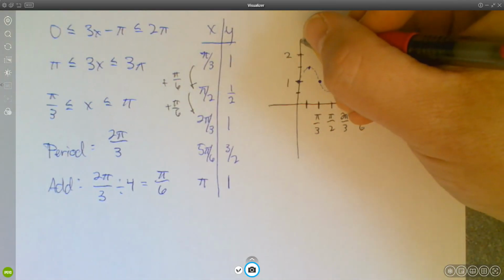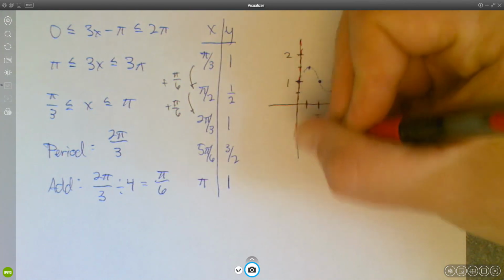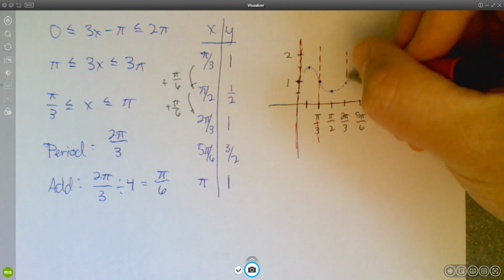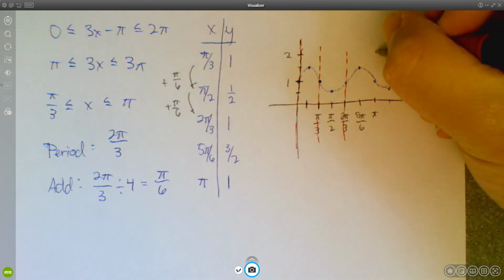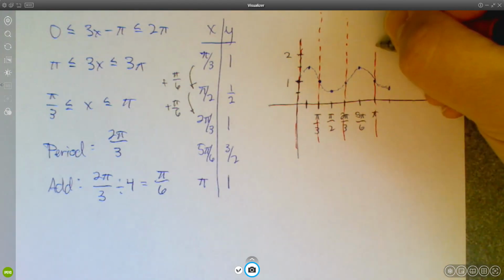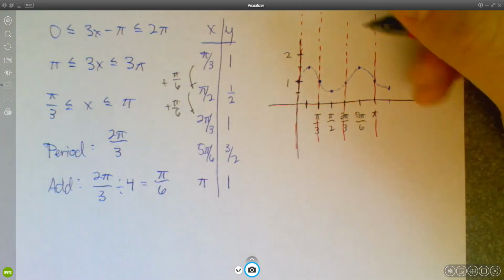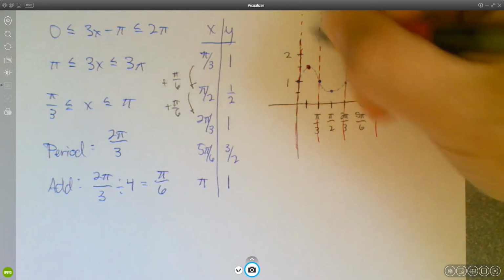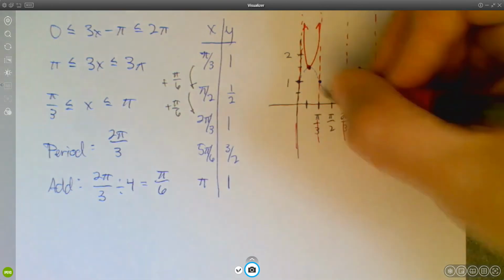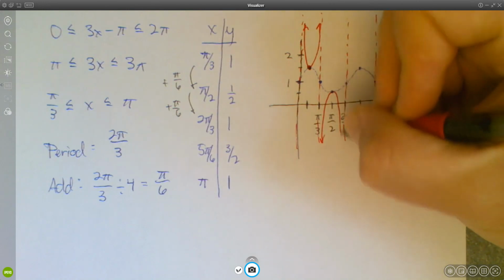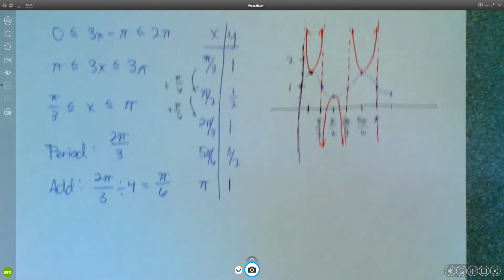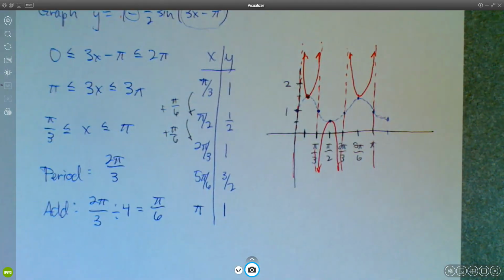So that means I have asymptotes here, here, here, here, and so forth, right? Anyway, so the cosecant function is going to look like that, that, that, and so forth, right? It's going to go on and on and on forever.